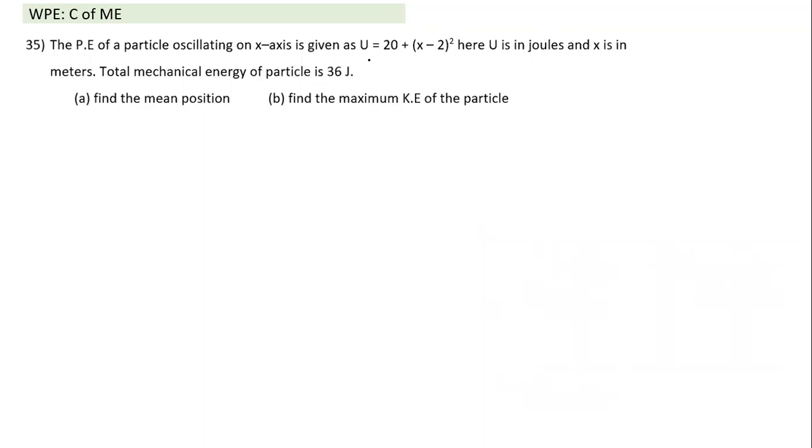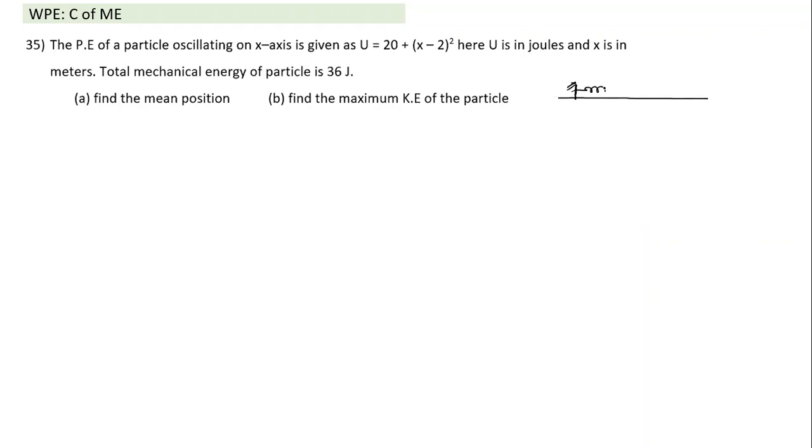The potential energy is given in this form, and the total mechanical energy of the particle is also given. If you want to understand this question, we can relate it to something simpler, which will also be helpful for SHM.